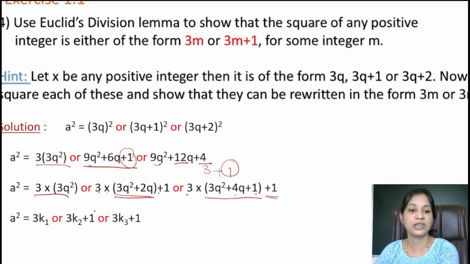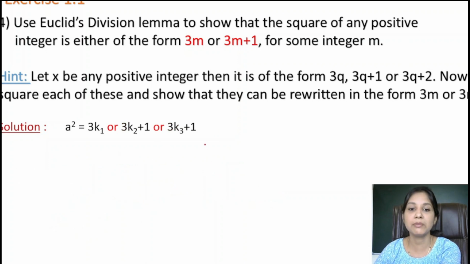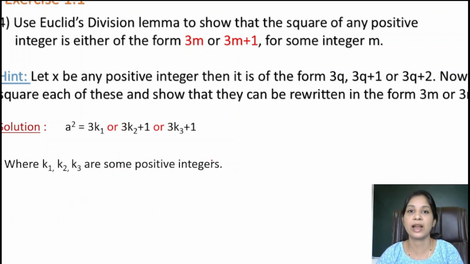So you are observing here, 3q square is k1, for some positive integer k1, and this can also be expressed as 3 into k2 plus 1 for some integer k2, and 3 into k3 plus 1 for some integer k3. On the whole, for all the three different equations, we can express k1, k2, k3 as some positive integer.